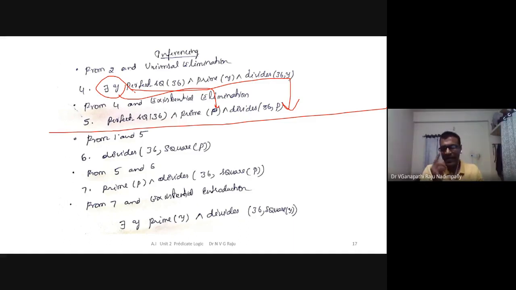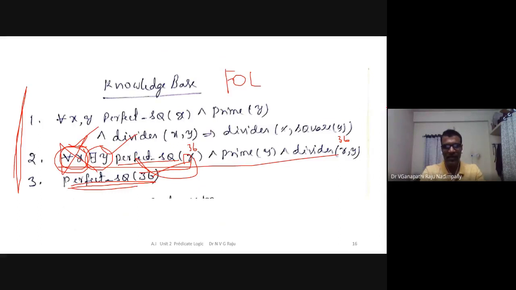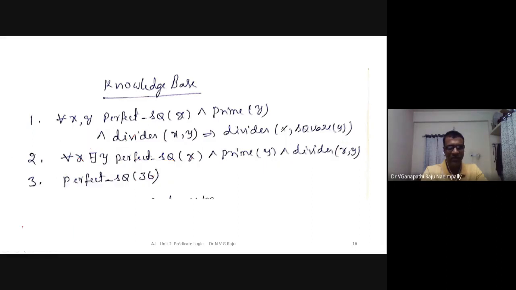Yes. Now, can I apply the same process, universal elimination and existential elimination, on equation number 1? Observe carefully. Let me erase it. I will do the same process. Whatever I have done for statement 2, I will do it.